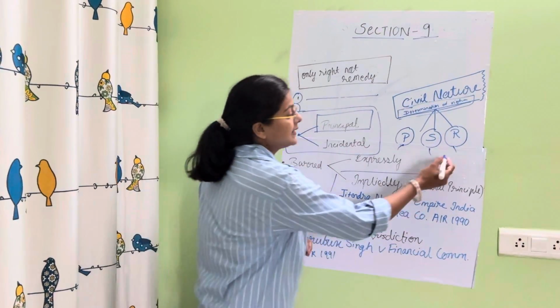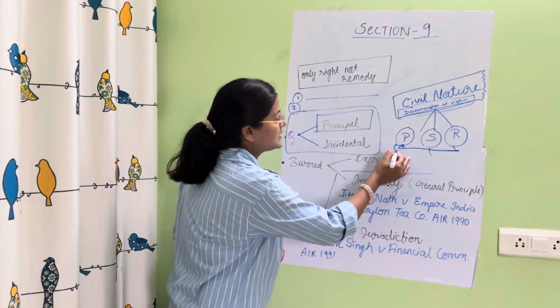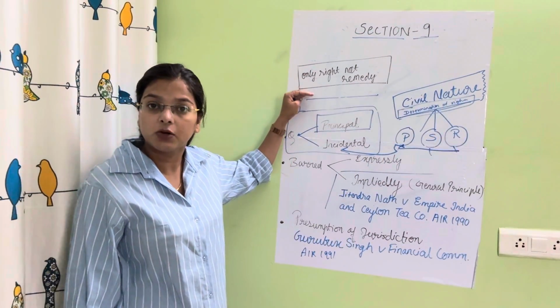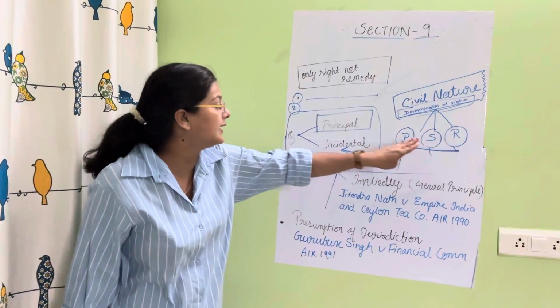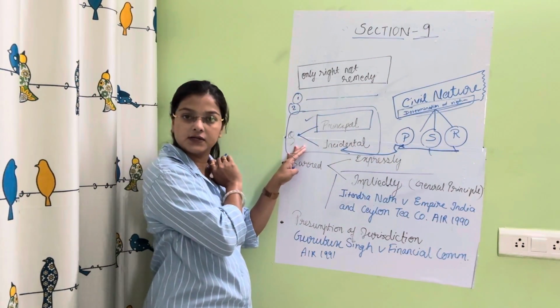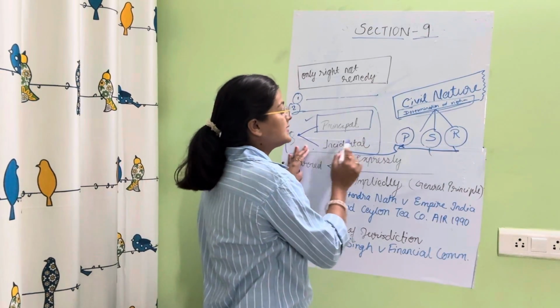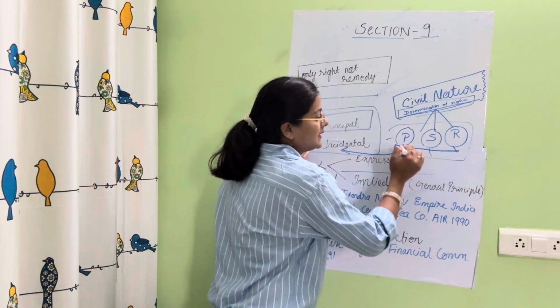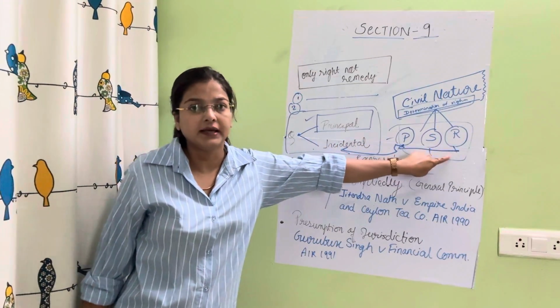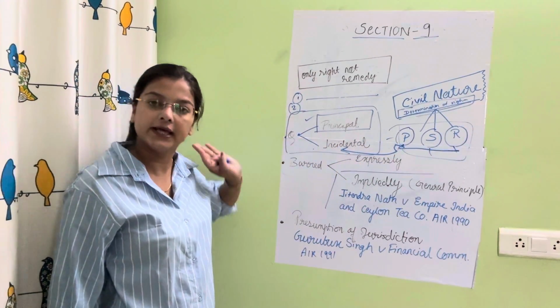So these things come as incidental. They are not the primary questions, but they are incidental to deciding the primary question. Understood? So, in these cases, these will not be considered as outside the jurisdiction.